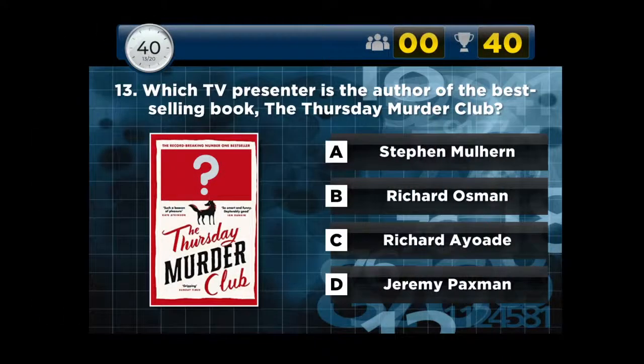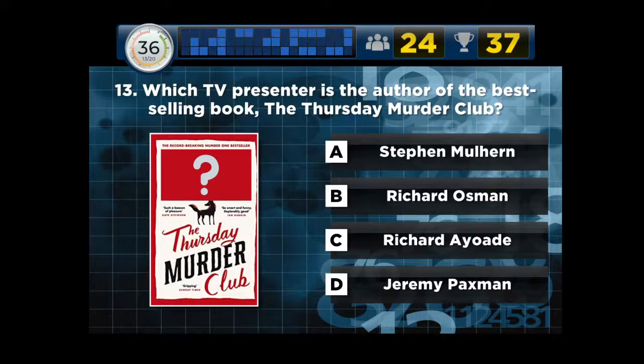Question 13. Which TV presenter is the author of the best-selling book The Thursday Murder Club? Is it Stephen Mulhern, Richard Osman, Richard Ayoade, or Jeremy Paxman?